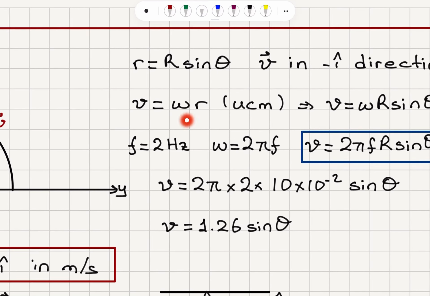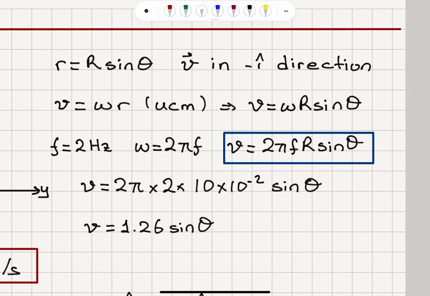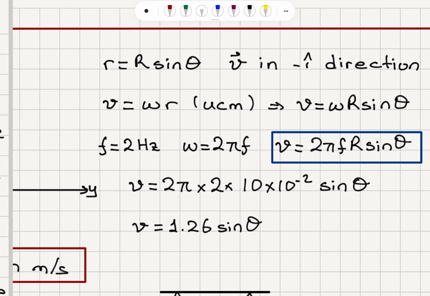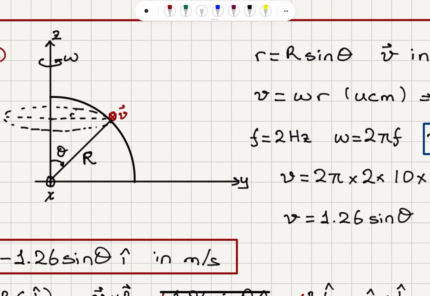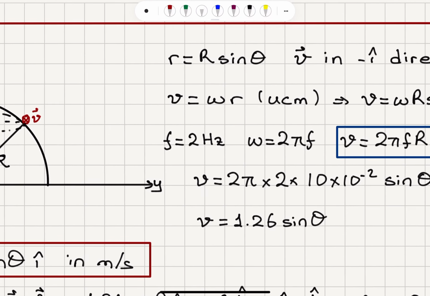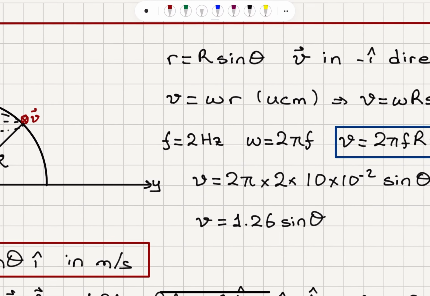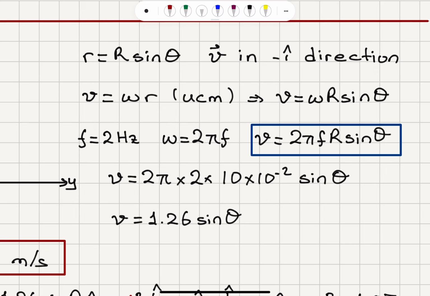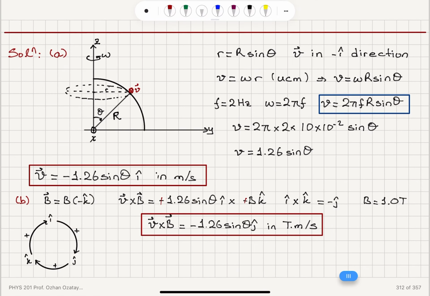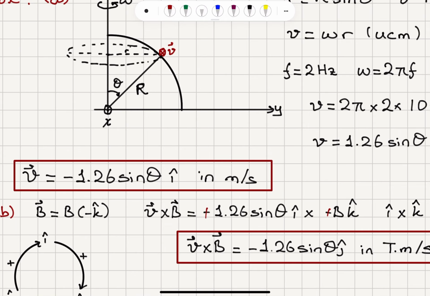V is equal to omega R, and so the direction of the velocity vector is in the minus I hat direction. So we have capital R sine theta omega in the minus I hat direction, and omega is 2 pi times the frequency, and the frequency was given to us as 2 hertz in the problem. So we find minus 1.26 sine theta I hat.